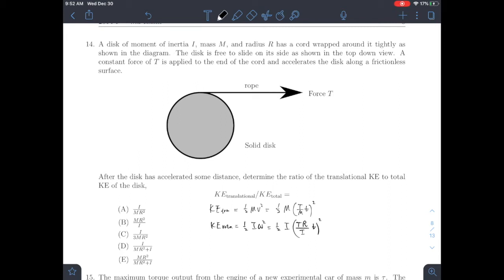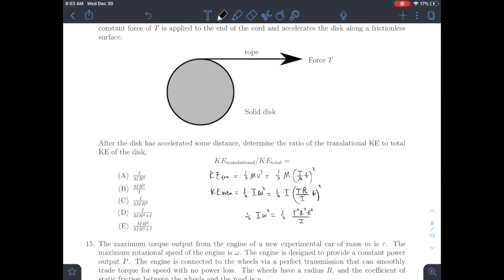Now we want to know the total kinetic energy, which is equal to translational plus rotational. So we add them together. There will be a total kinetic energy. Then what we want to know is the ratio between the translational and total kinetic energy.